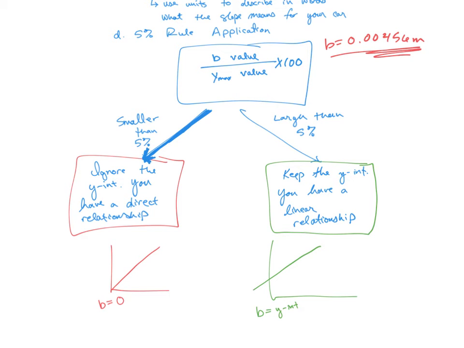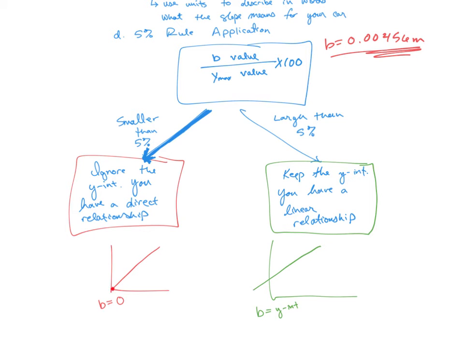Okay, so if that number is smaller than 5%, we're going to say that this relationship is actually a direct relationship. The existence of the intercept on your graph probably was a result of an error in your measurement. But if this quantity is larger than 5%, we're going to say that intercept actually should exist.